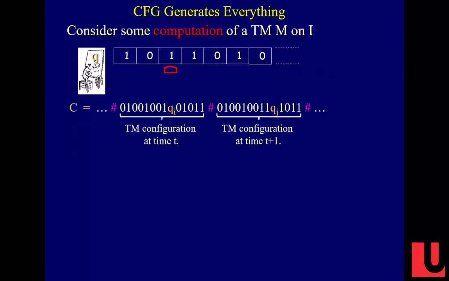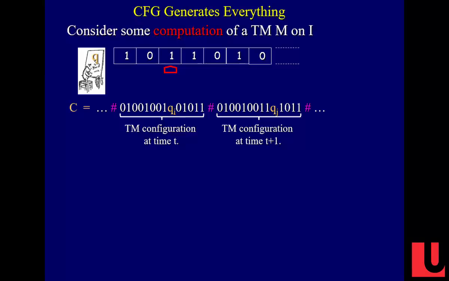So here let's talk about a computation of a Turing machine. We're given a Turing machine, and we want to know, does it halt or not? So we're asking, does it have a halting computation? And so here's a halting computation. Between the purple pound signs are the time steps.